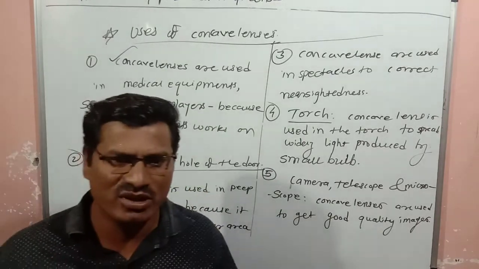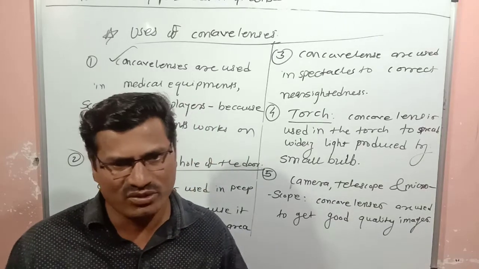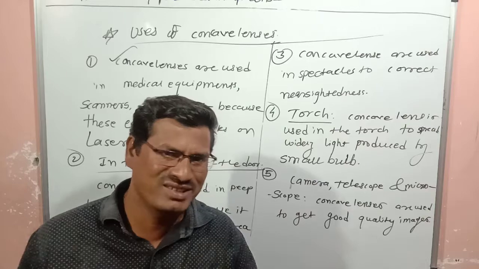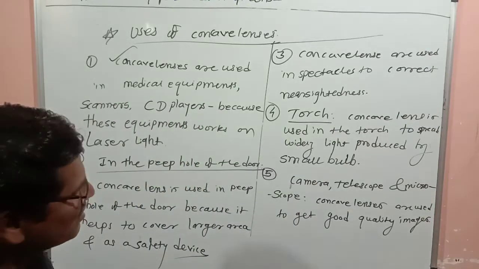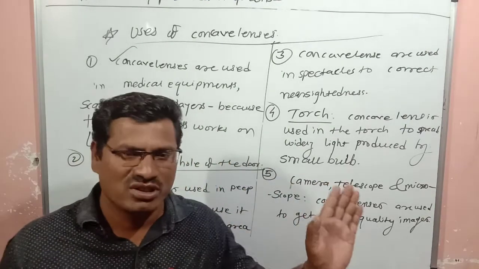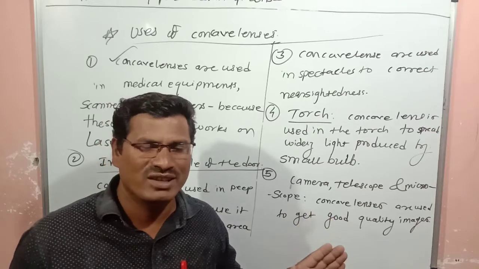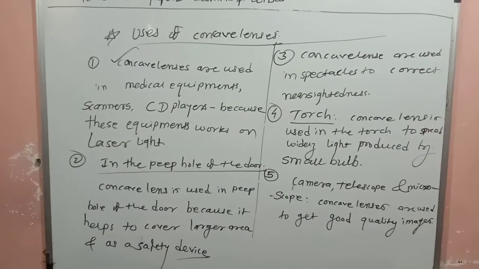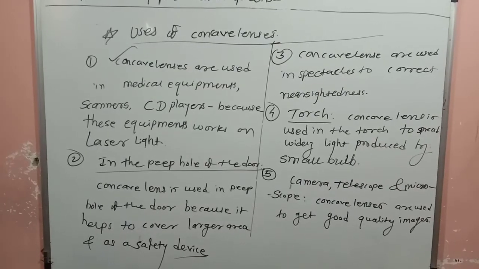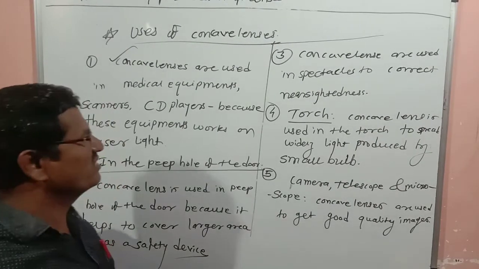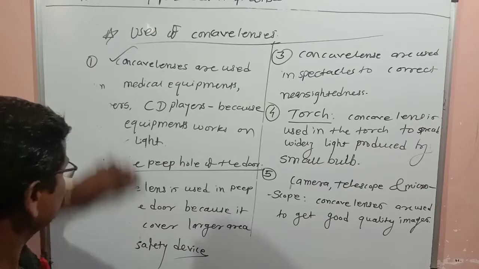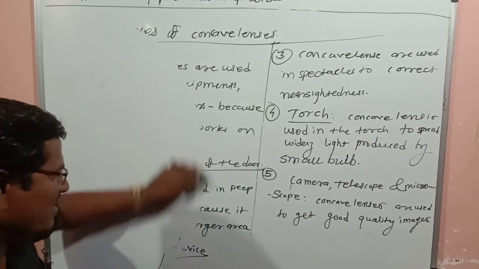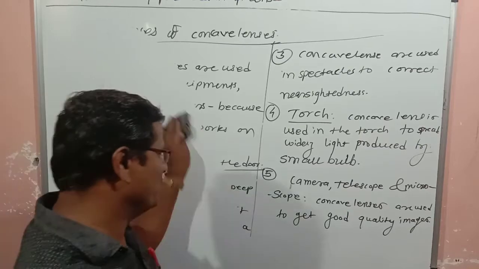After this, the next point we are going to study is uses of convex lenses. Concave lenses we have studied now. Now we are going to study uses of convex lenses. Convex lenses have wide applications.